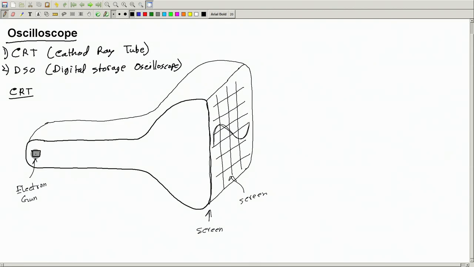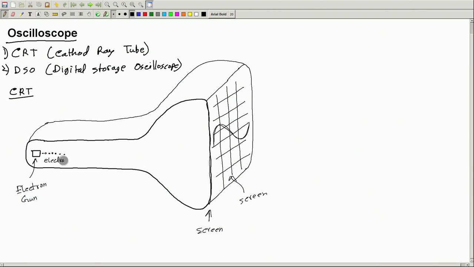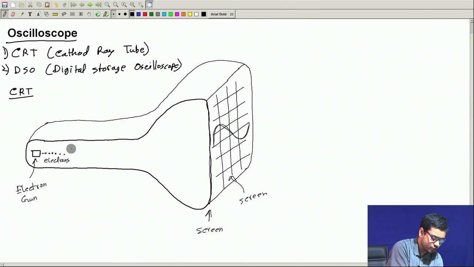One important thing that I already have said is an electron gun. What is an electron gun? It emits electrons. And then we will have some focusing arrangement.